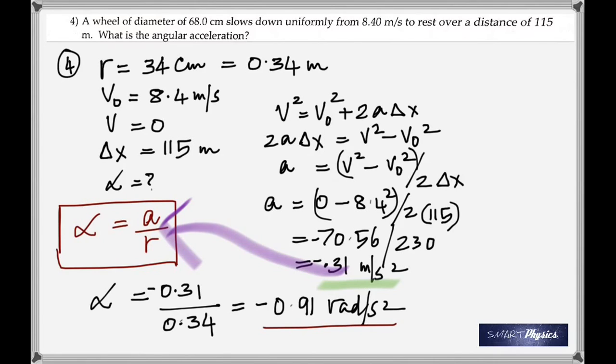Because it's slowing down, it's actually a deceleration, isn't it? So that's what you get for number 4. It's asking for the angular acceleration of the wheel.